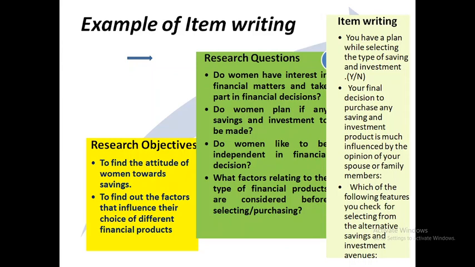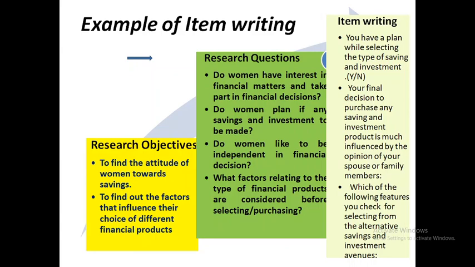After that, the researcher needs to set the research objectives, then frame research questions and research hypothesis, and this guides item writing, because this defines what information is required to achieve the objectives of the study.